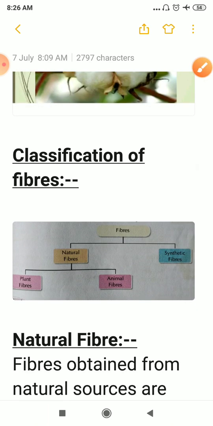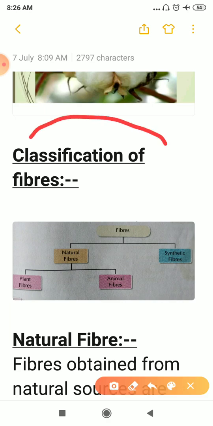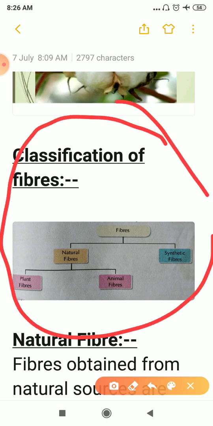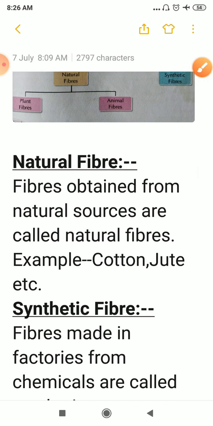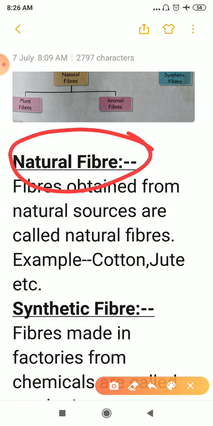In the next part, we will classify these fibers. These fibers are classified into two types. One is natural fiber and the other is synthetic fiber.